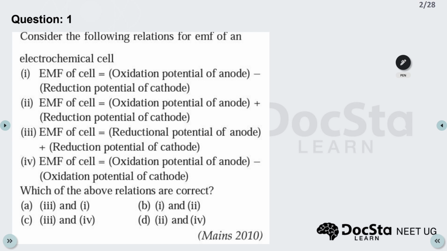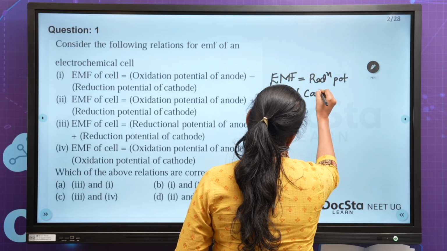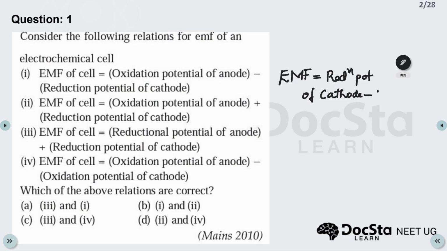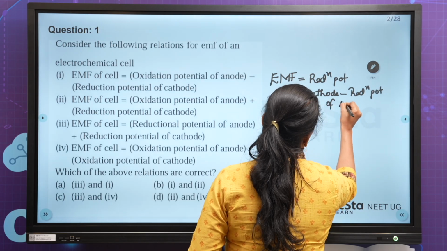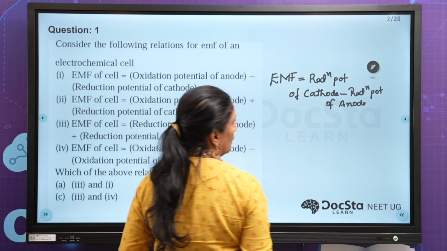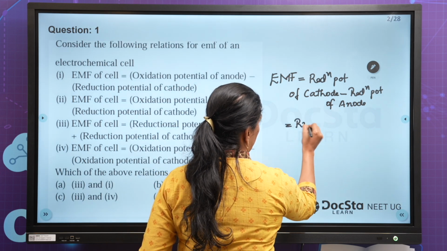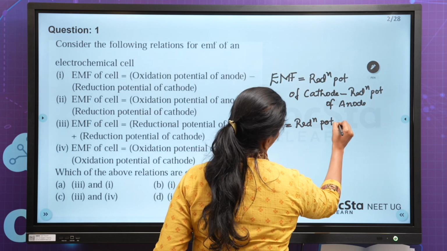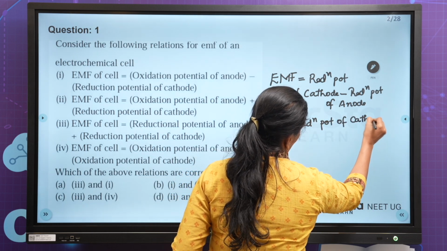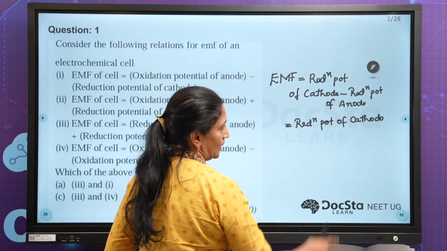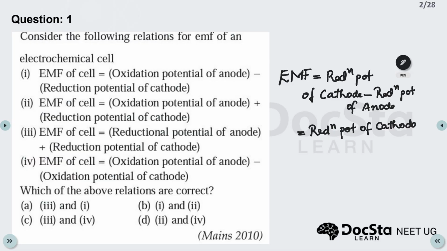EMF of the cell, we know it's calculated using the formula EMF is equal to the reduction potential of cathode minus the reduction potential of the anode. നമുക്ക് ഈ ഫോർമുല ഇങ്ങനെ വേണമെങ്കിലും എഴുതാം, or you can write it as the reduction potential of cathode. ഈ സൈനിനെ മാറ്റുമ്പോൾ നമുക്ക് പ്ലസ് ഇട്ട് എഴുതി കഴിഞ്ഞാൽ it becomes the oxidation potential of the anode.